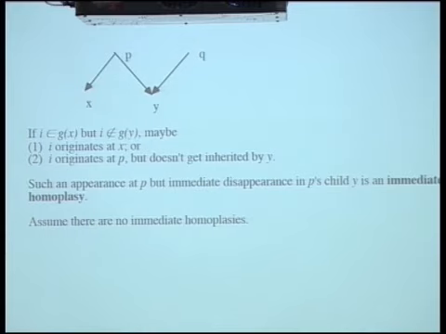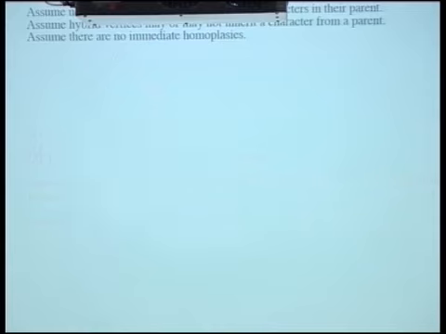This is always an ambiguity, and I call that an immediate homoplasy, if it appeared at P but immediately disappeared in a hybrid child. So in this particular case, we'd be assuming that it originated at X. I'm going to assume there are no such immediate homoplasies.